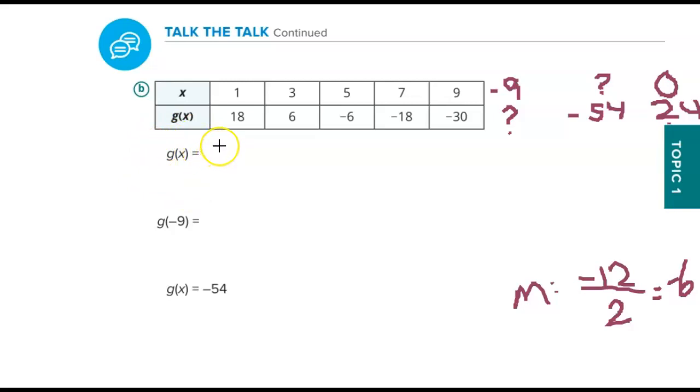Now remember, general form is that our function is going to be slope times x plus b. So our slope is -6. And then we put the x, and then our y-intercept is 24. So our function is g of x equals -6x plus 24.